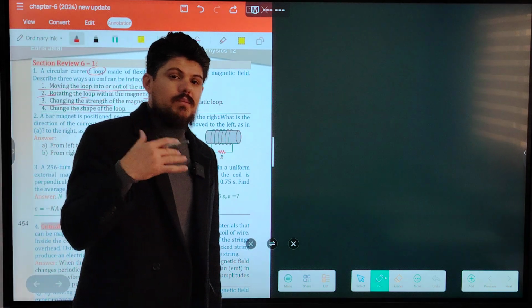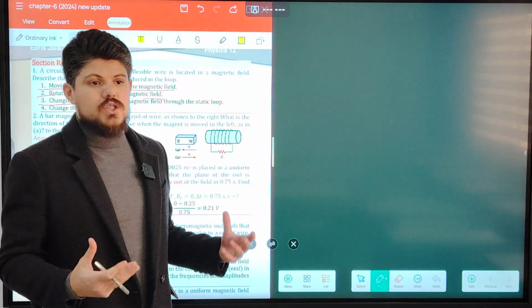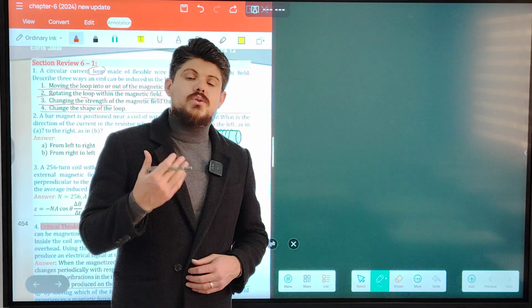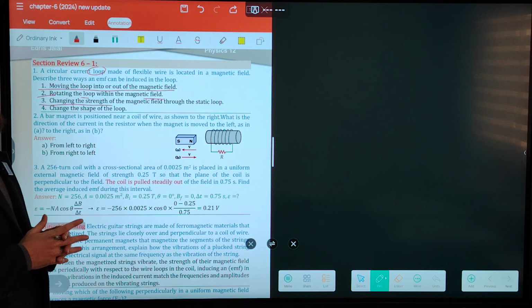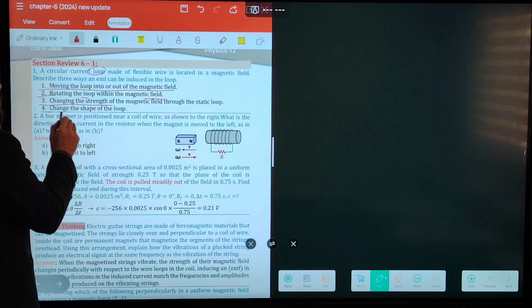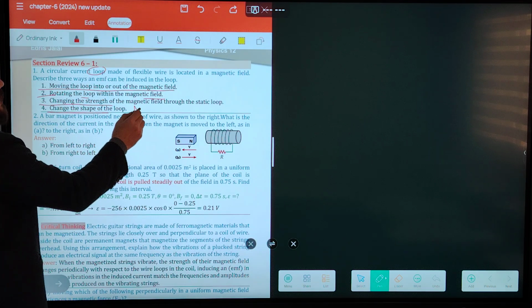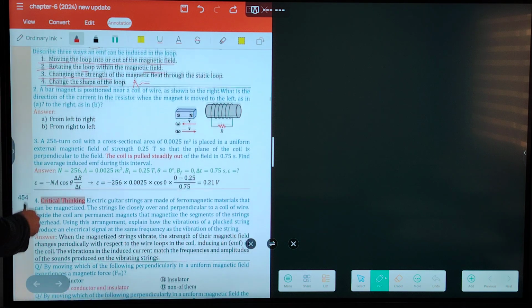Why? Because when the magnetic field strength changes, the magnetic flux changes. When magnetic flux changes, it produces induced current in the circuit. By changing the strength of the magnetic field, we can also induce current in the coil. And changing the shape or area of the loop: by changing the area, we can also induce current and EMF in the circular loop.